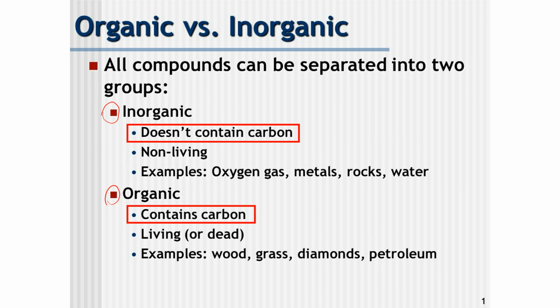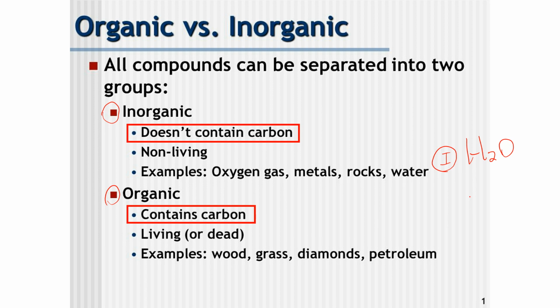That's about it. Bottom line is inorganic does not contain carbon atoms, whereas organic compounds do. So, for instance, if I was to give you H2O, would that be considered inorganic or would it be considered organic? Well, H2O is inorganic because it doesn't contain carbon.